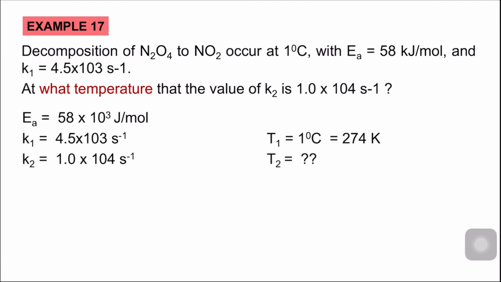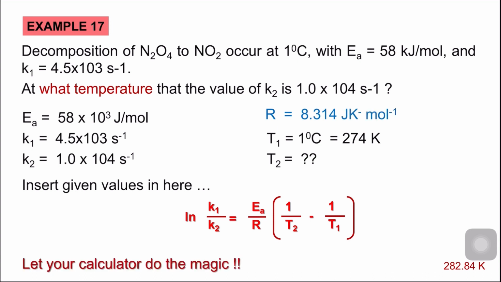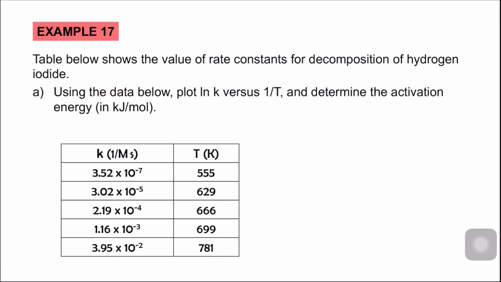What you want to find out is T2. Next, insert the value given from here. You have this formula. Just insert the values. You will get the final answer should be 282.84 Kelvin. So try to do this on your own. Let your calculator do the magic. And then we have one more example.